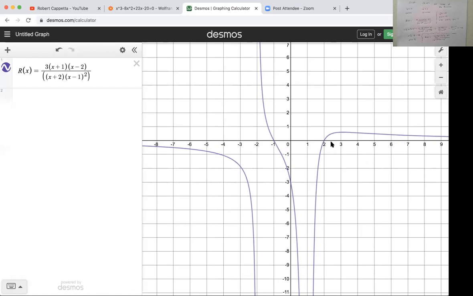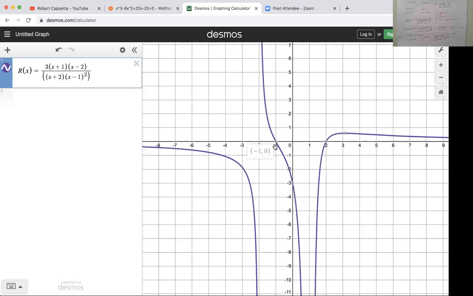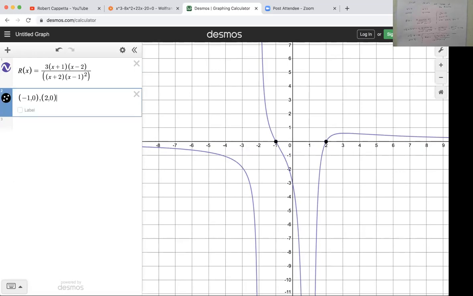What were our points of interest? 2, 0 here, negative 1, 0 there, 0, negative 3 there, asymptote at 1 heading down on both sides, asymptote at negative 2. Negative 1, 0 is a point, 2, 0 is a point, and 0, negative 3 is a point.